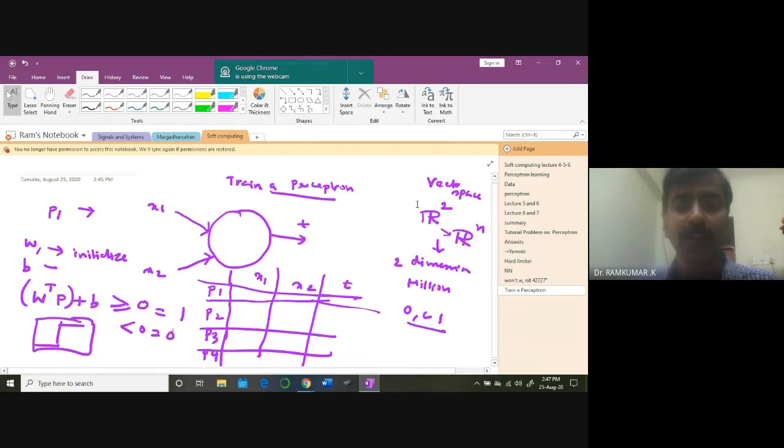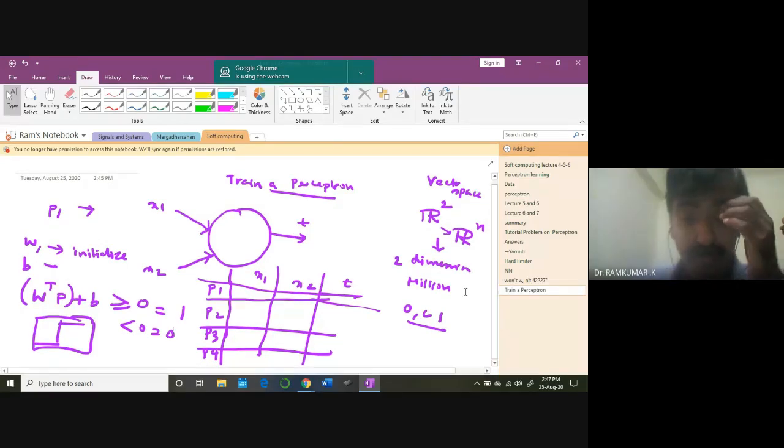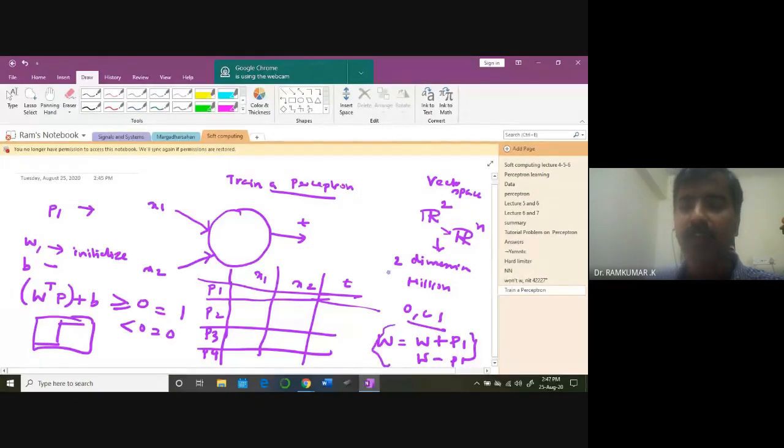If it is not classifying correctly, how do you update the weight? There are only two ways. One is W new equals W plus P1, that particular pattern, or otherwise W minus P1. Only two options. Based on the error, you have to choose.